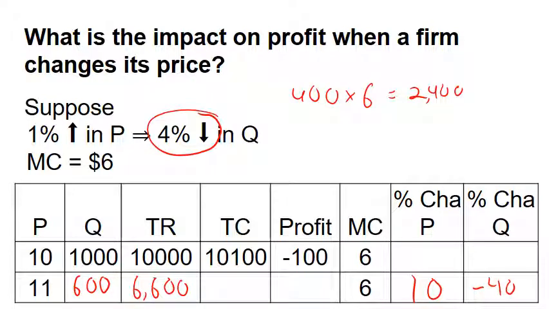Subtracting 2,400 from 10,100, we get the new total cost is $7,700. Subtracting total cost from total revenue gives me a new profit of minus 1,100. Yikes! The loss increased from 100 and got bigger, 1,100.